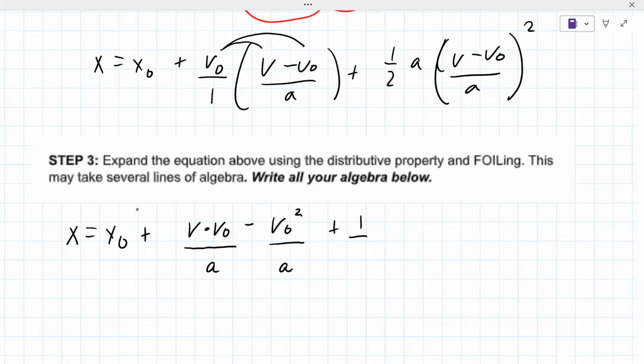On the right, there's a bit more to do. It's really v minus v0 squared over a squared, because you can square the top and you can square the bottom. Take a look at that. Let me know if there's any issues.